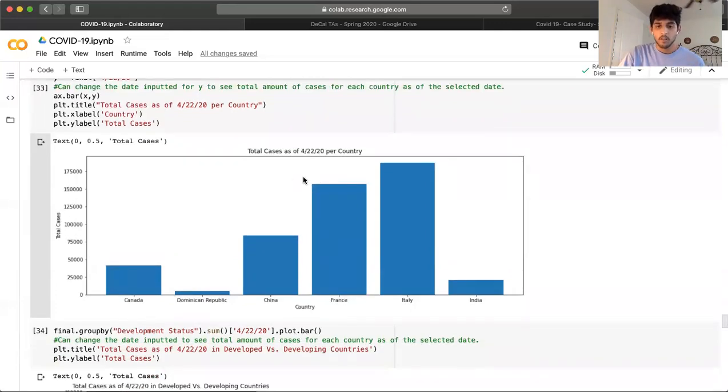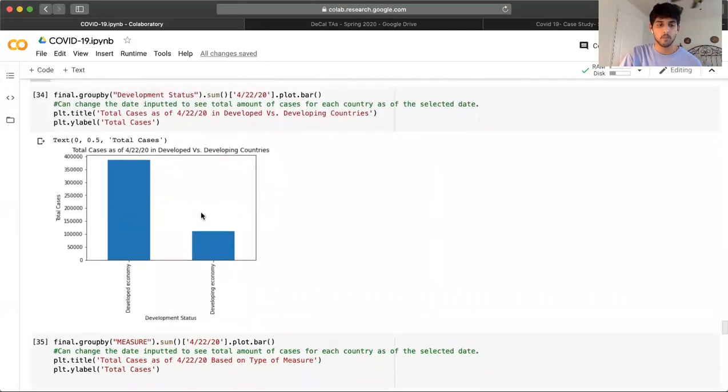So here I have the total number of cases in each country as of April 22nd, 2020. And from this, a few things that we can see are Italy has the most number of cases, and the Dominican Republic has the least number of cases based on the data that we have.